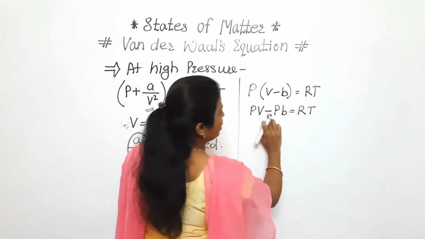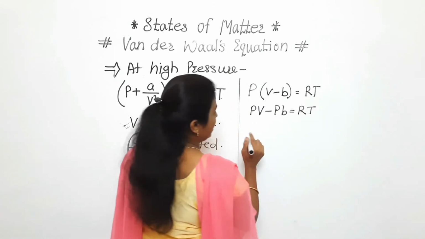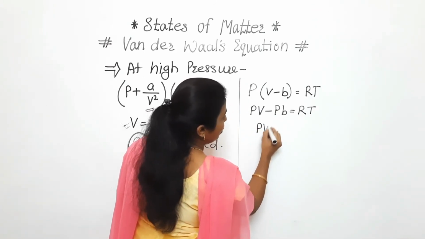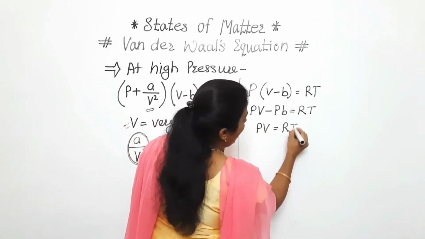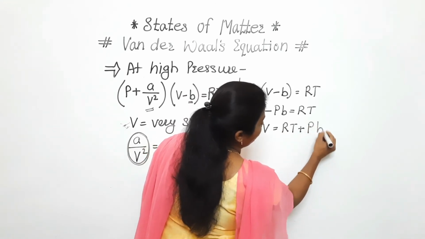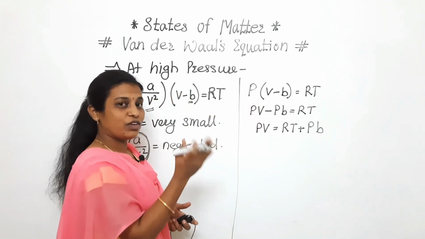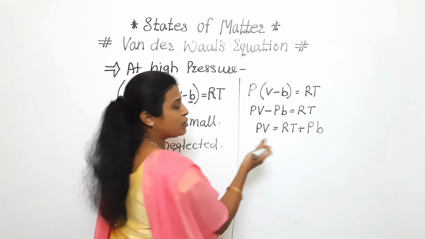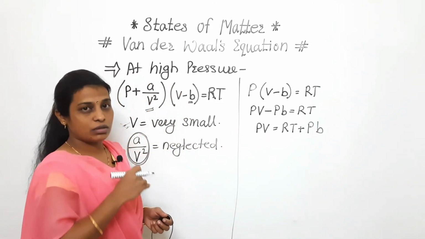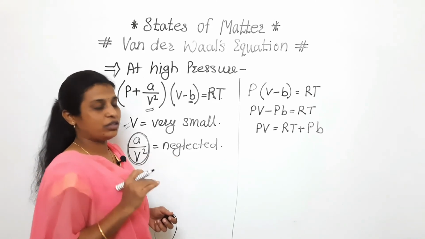Now we simply shift that PB to the right hand side, so the equation will be PV is equal to RT plus PB. Similarly to the previous one, I keep saying previous because by comparison it is easy to study and avoid confusion.